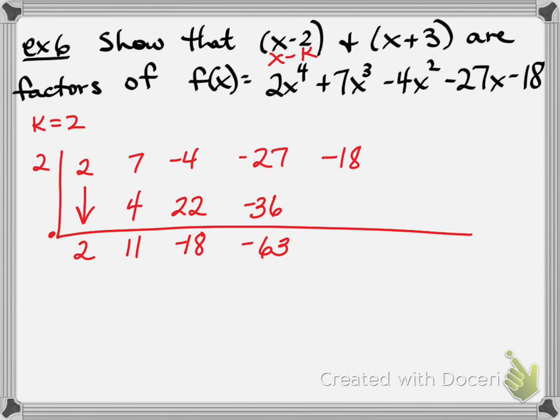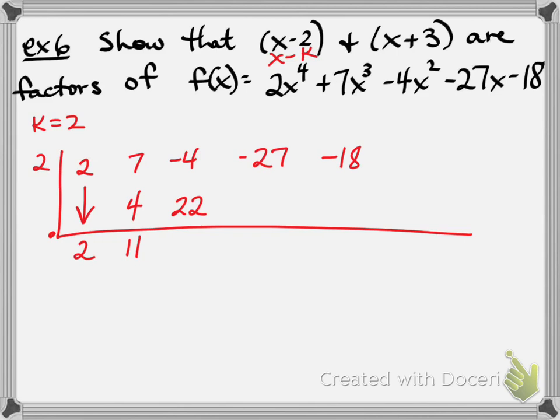Let me redo it: 2, 7, negative 4, negative 27, and negative 18. 2 times 2 is 4, and I add. Oh, I knew I was wrong somewhere, because this was supposed to work out to have a remainder of 0, and my numbers were getting larger and larger.